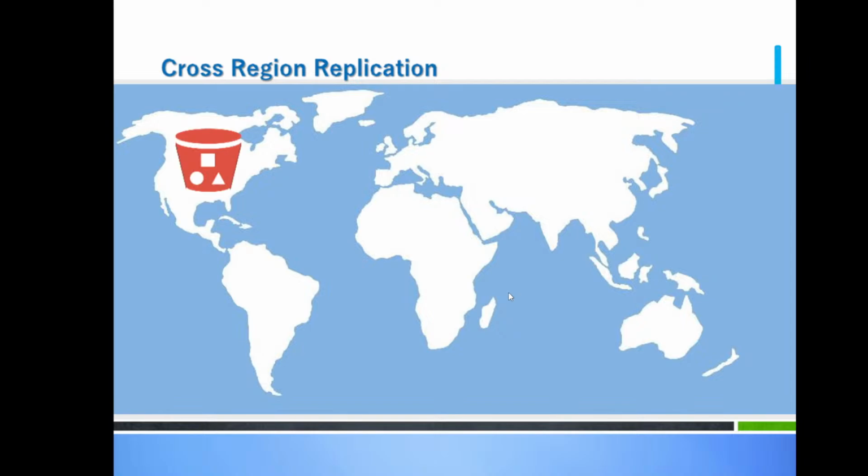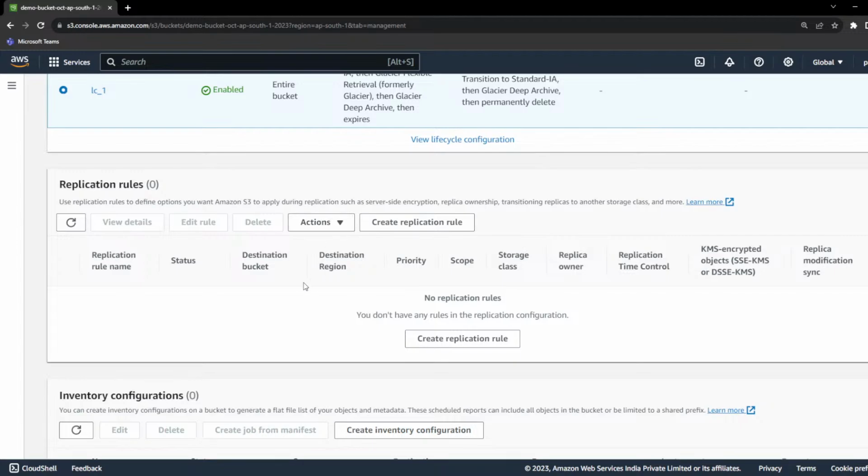So what is cross region replication? When we are uploading data to our bucket, it will automatically replicate the data to another bucket, the target destination bucket. Okay, so how can we do that? Why do we want to do this? So that we can have multiple copies of our data in different regions in different buckets.